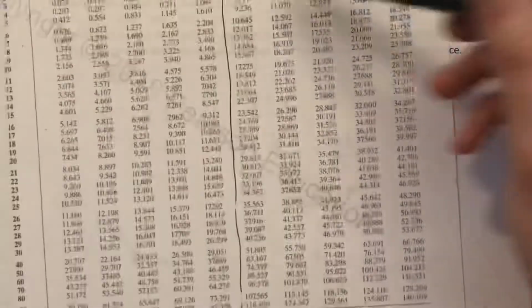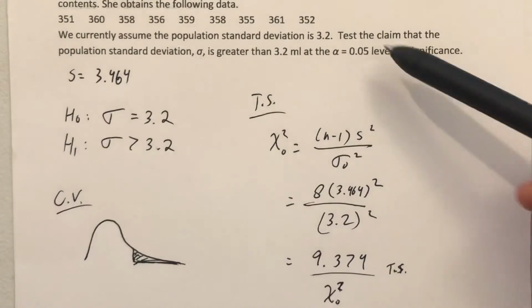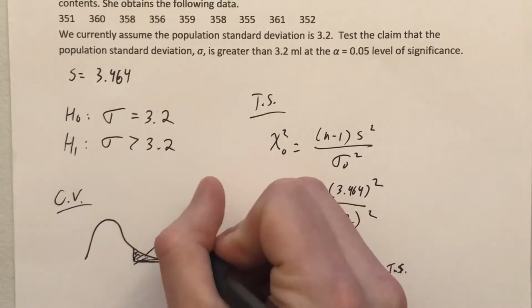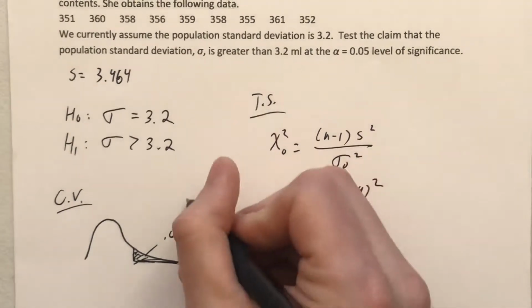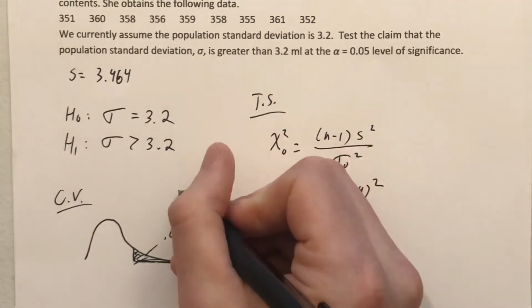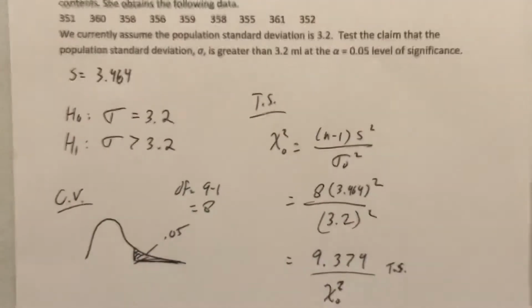So we actually want to look in this set of columns over here with the small values of alpha. Specifically, we know that this area is 0.05 from our level of significance. And like we said before, our n is 9, so degrees of freedom will be 8.